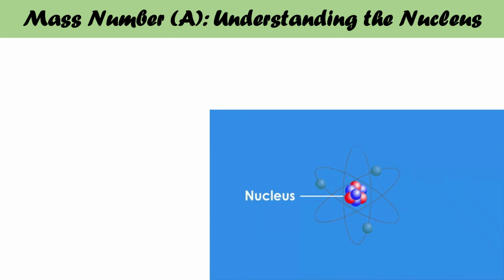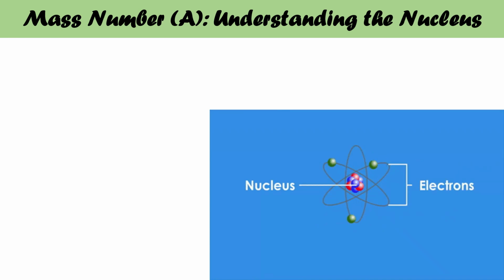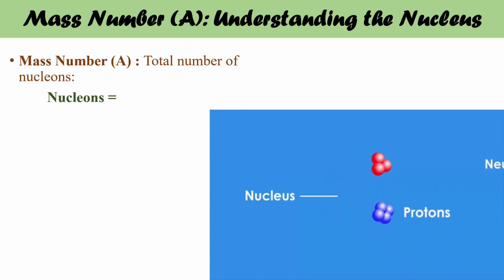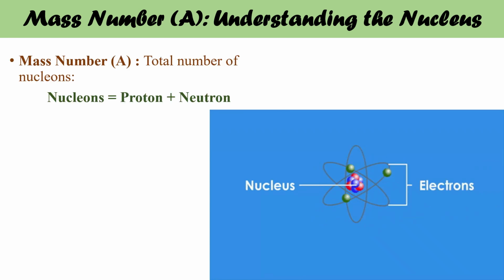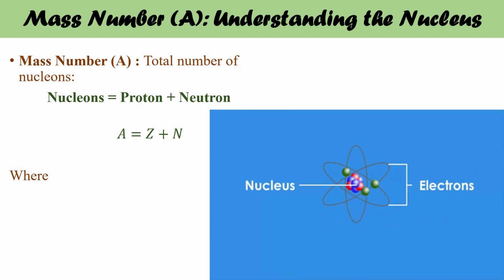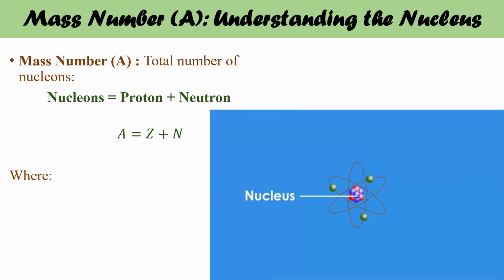Whereas atomic number tells which element we have, the nucleus contains not only protons, it also contains neutrons. Both protons and neutrons are called nucleons because they are present inside the nucleus. The total number of nucleons gives the mass number. But do you know, mass number does not represent the actual weight of the atom.